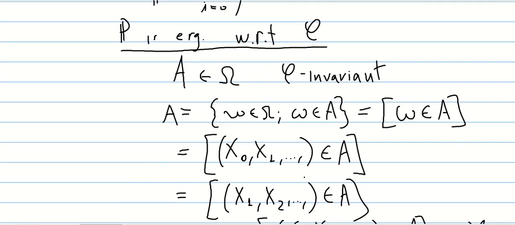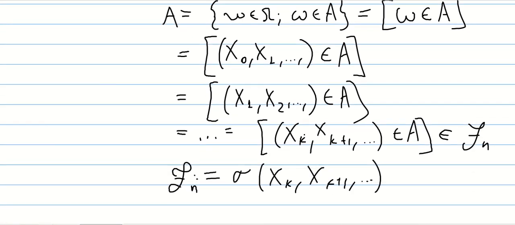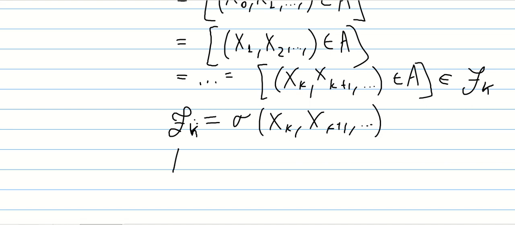I'm just saying if an event is invariant with respect to the shift, it's measurable with respect to the sigma algebra Fk, no matter the k. Sorry, it should be Fk here. And this is A belongs to Fk for every k. What does that mean? This we saw in probability 1. This is the definition of A being a tail event.